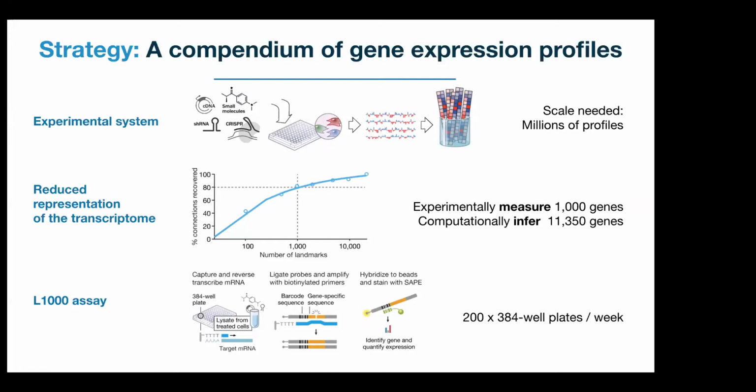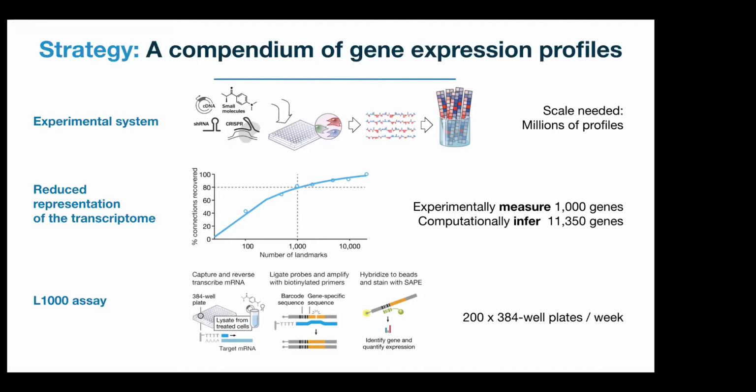But instead of measuring every last gene, we're measuring a reduced representation of the transcriptome, which includes around 1,000 landmark genes chosen to be sentinels for the remainder of the transcriptome. And we find that when measuring these roughly 1,000 genes, we can still capture about 80% of the associations that we would have found had we measured every last gene.